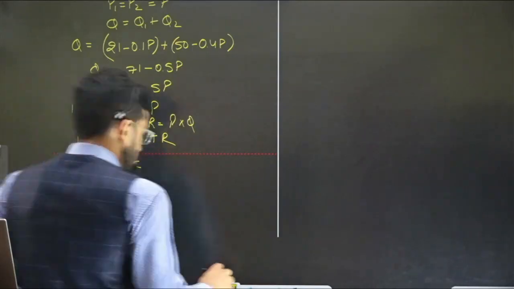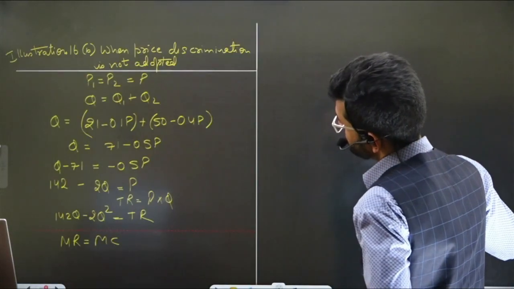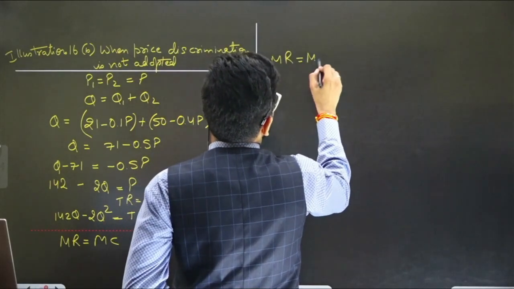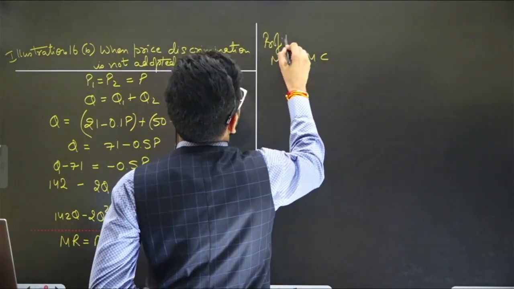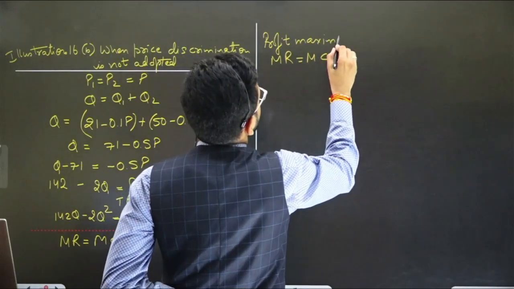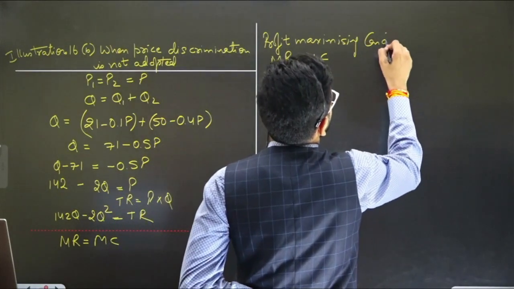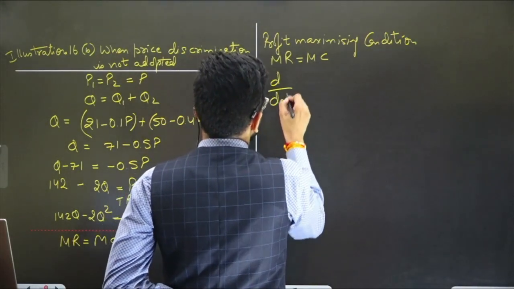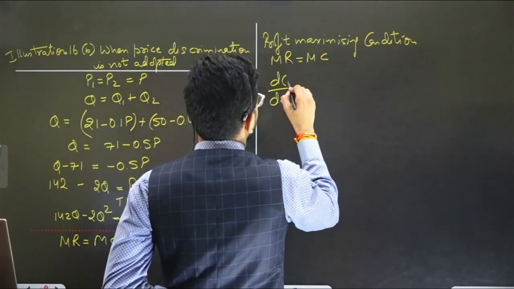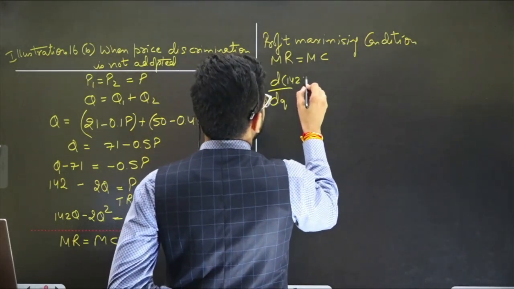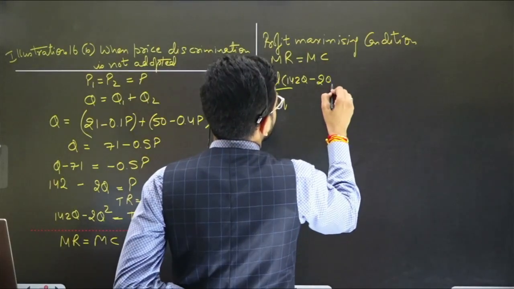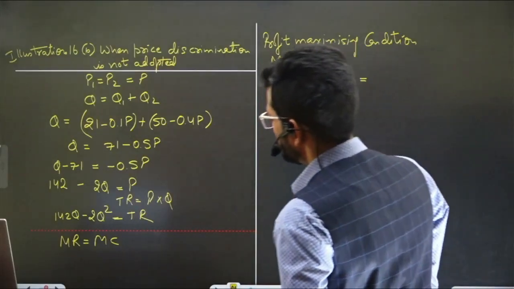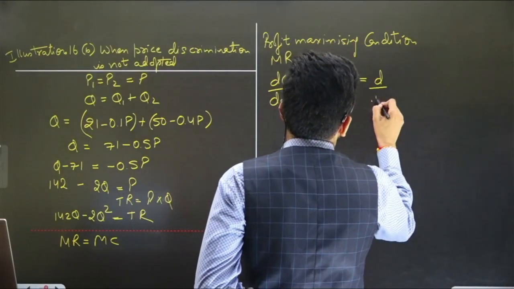Okay, so let us do this calculation on this side. MR is equal to MC. This is the profit maximizing condition. MR is the differentiation of total revenue, 142Q minus 2Q square, with respect to Q. Then there's marginal cost.